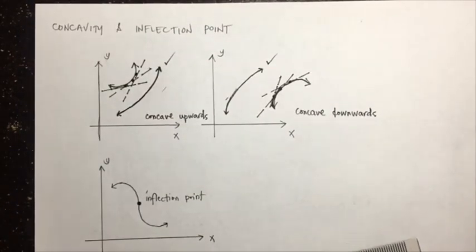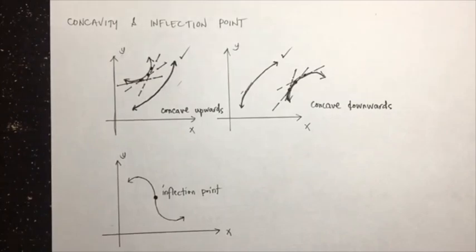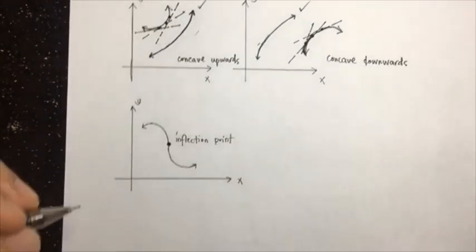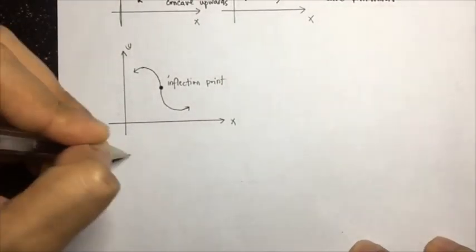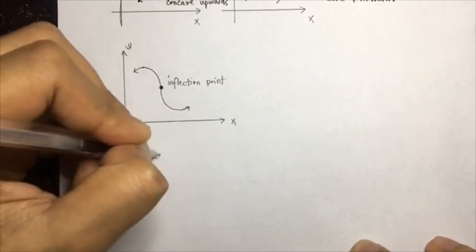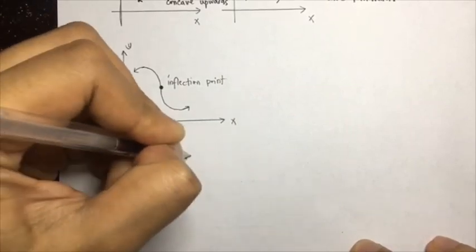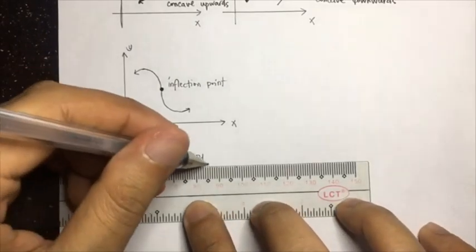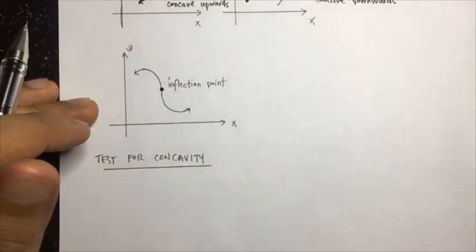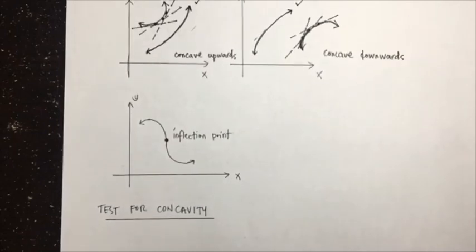It may also be called the second derivative test, so testing for concavity. To test for concavity, we use the second derivative.